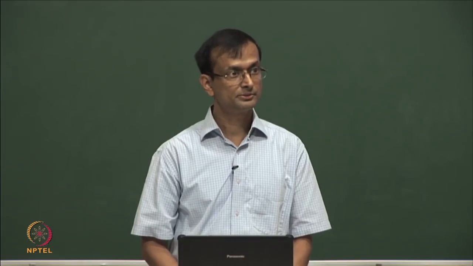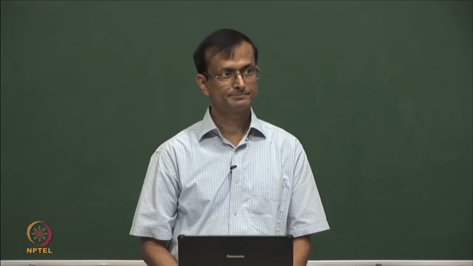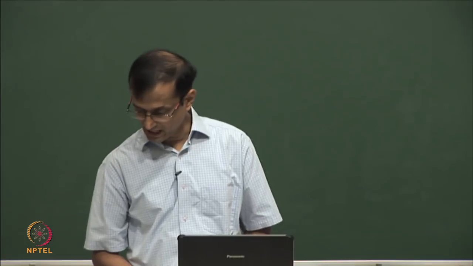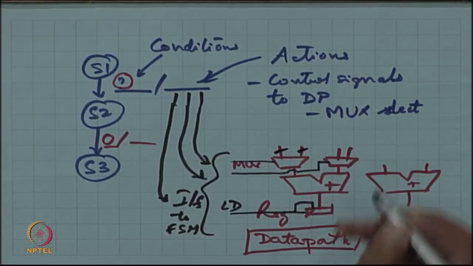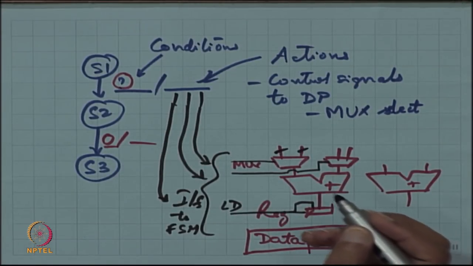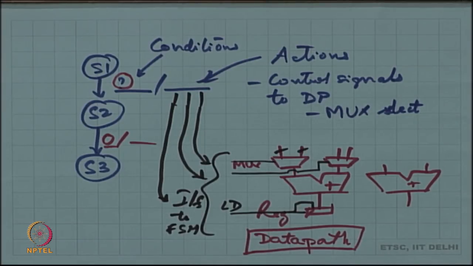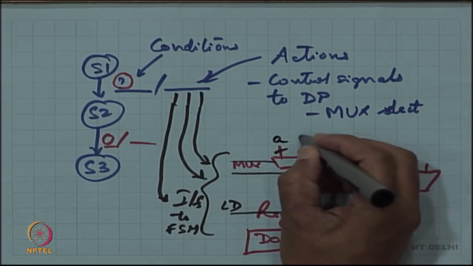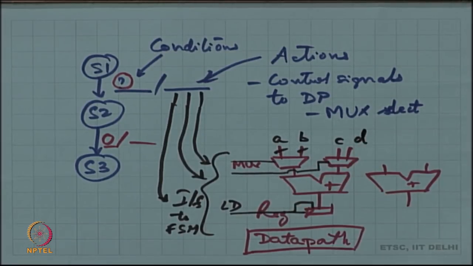Inputs. Which input? Inputs to the adder. Inputs to the adder are these. Depending on which input we are taking. What are these inputs anyway? I had A, B, C, D. If you relate them back to the HDL, they are variables, maybe 32-bit integers or something like that.